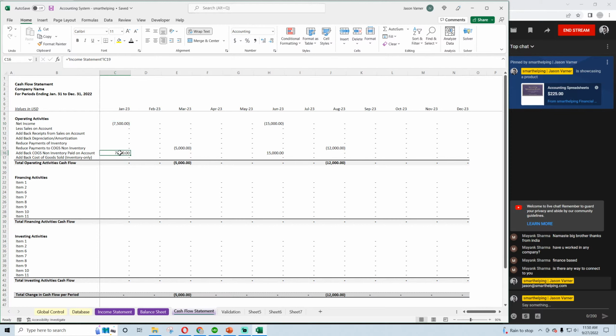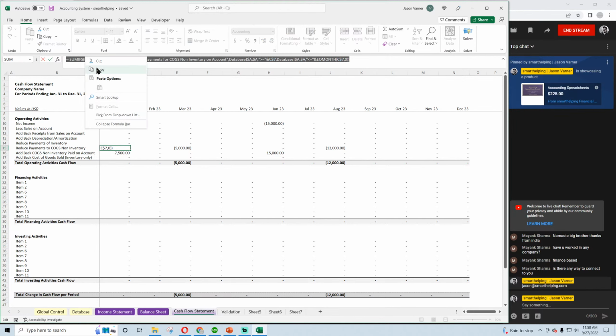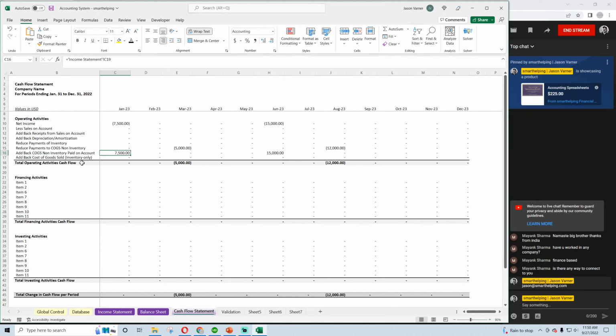We add it back because no, no, no. Okay, here's where we got the issue. Okay, got it. We only want to add back cost of goods sold, non-inventory paid on account.